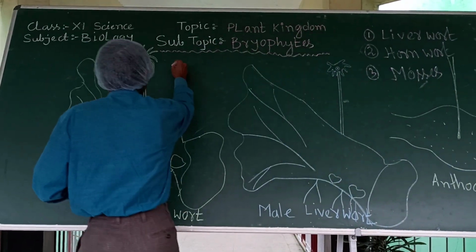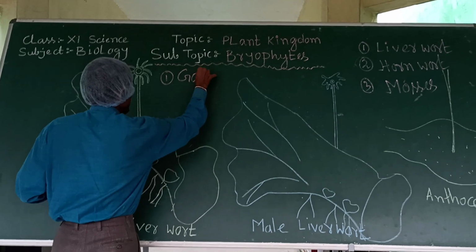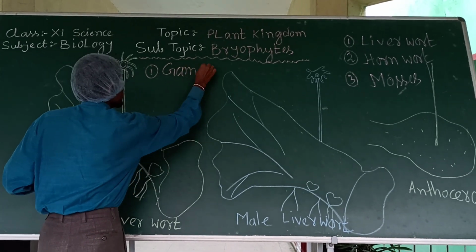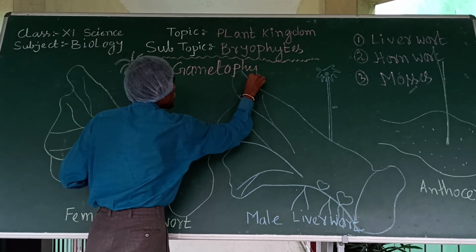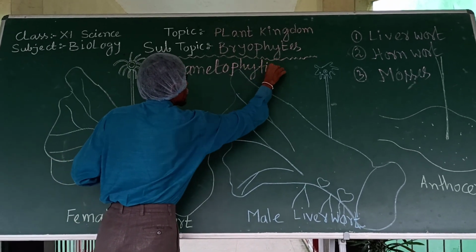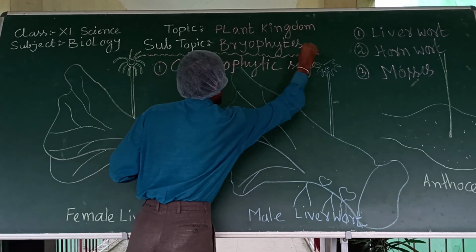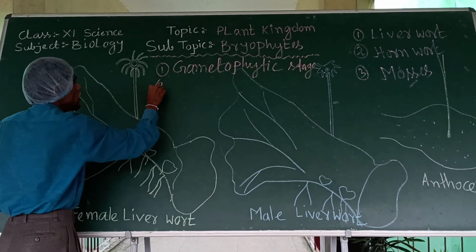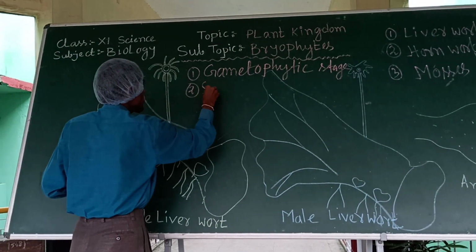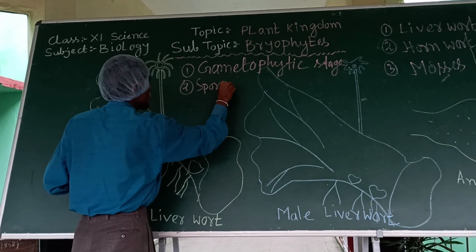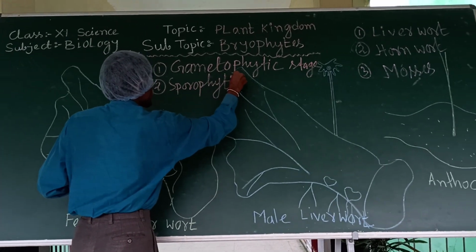Number 1, gametophytic stage, and number 2, sporophytic stage.